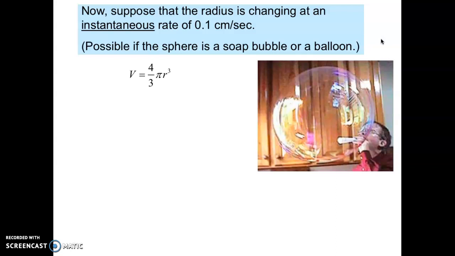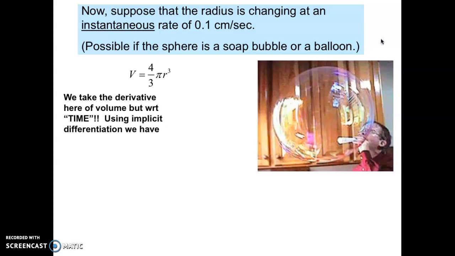Now if we look at this problem that we started with before, we'll start with volume and ask, what's happening to the instantaneous rate of change of the volume? We're going to take the derivative just like we did here, but now we're going to take the derivative with respect to time, because time is now brought into the problem.